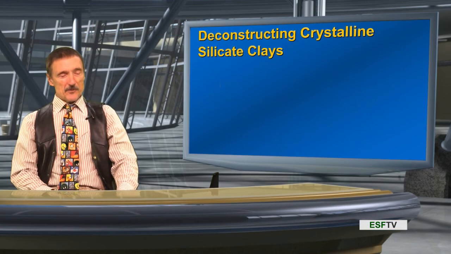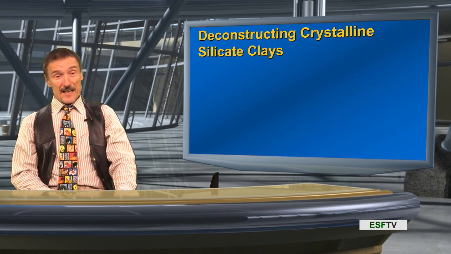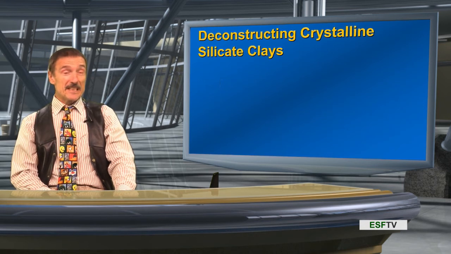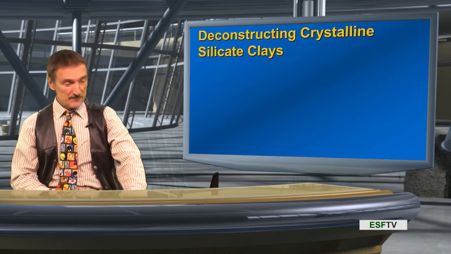So then we have these groups of the crystalline and non-crystalline silicate clays in the mineral colloids. Now we're going to take apart these crystalline silicate clays. I call it deconstructing silicate clays. We'll explore their structure in detail.